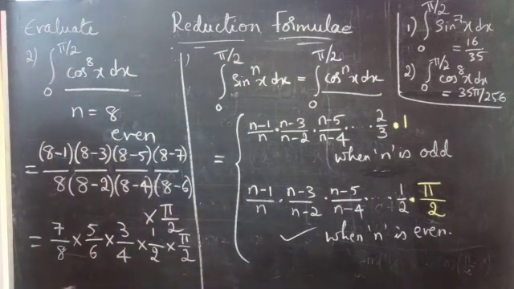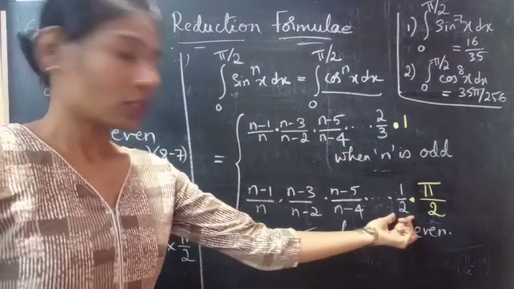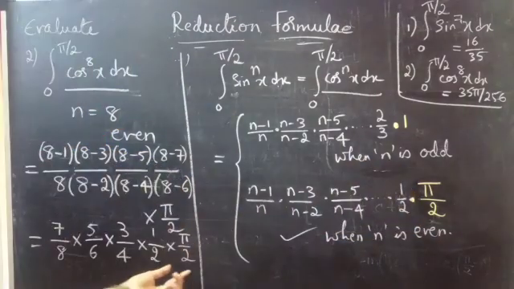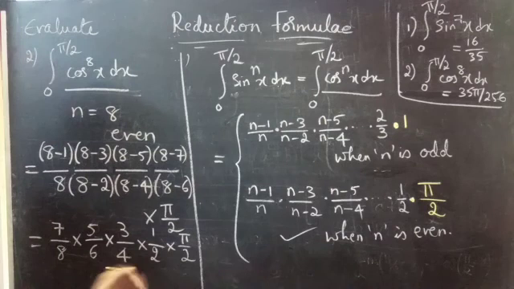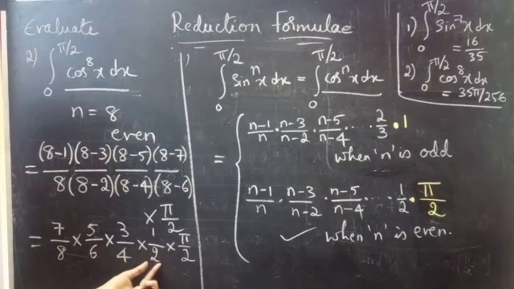If you notice, you have 1 by 2 here and 1 by 2 here. Since we have included pi by 2, the series goes up to 1 by 2 into pi by 2 when n is even.